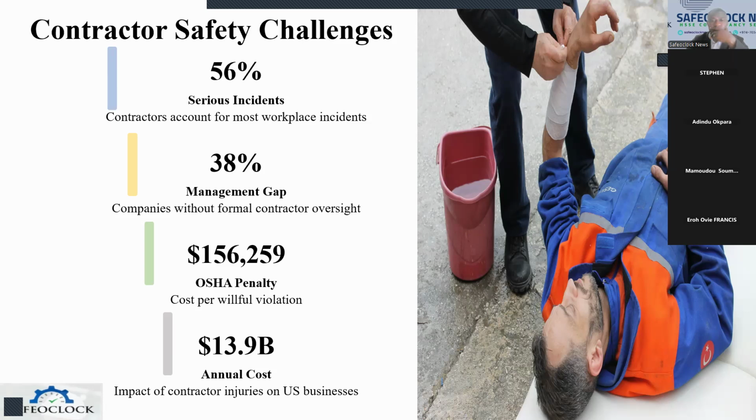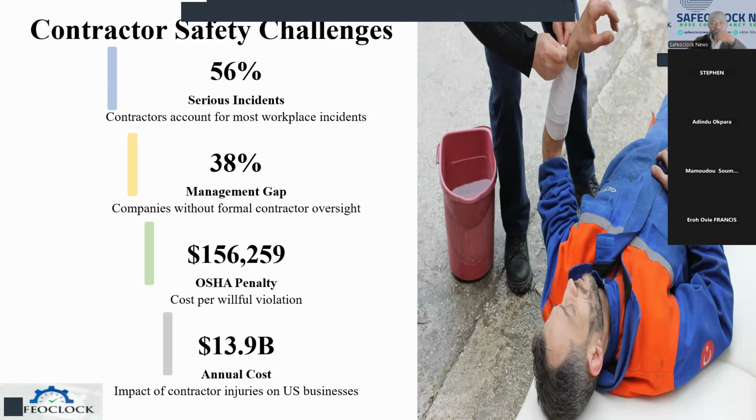And in the United States, about $156,259 is the cost per willful violation within industries. That is, companies or organizations who violated OSHA regulations with respect to managing contractors on site, and probably resulted in an incident or other penalty as a result of not following these safety rules or guidelines.